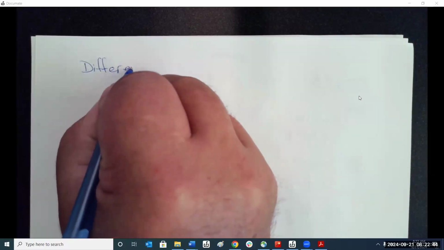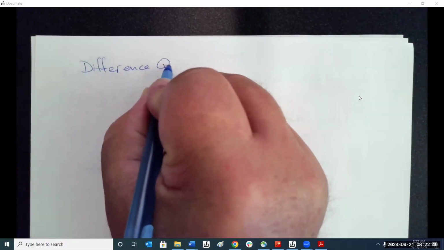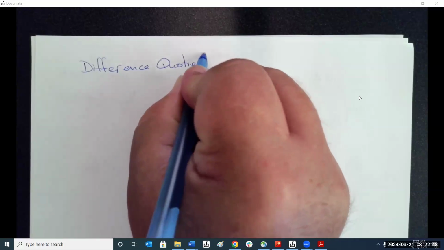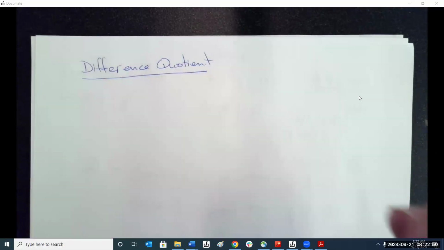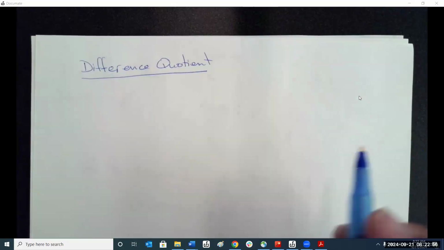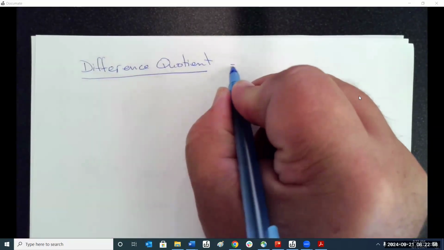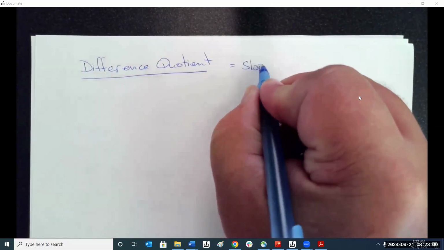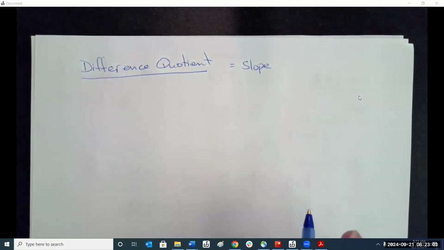Next, we're going to talk about a concept called the difference quotient. Difference quotient is another slope equation. But here's a problem.